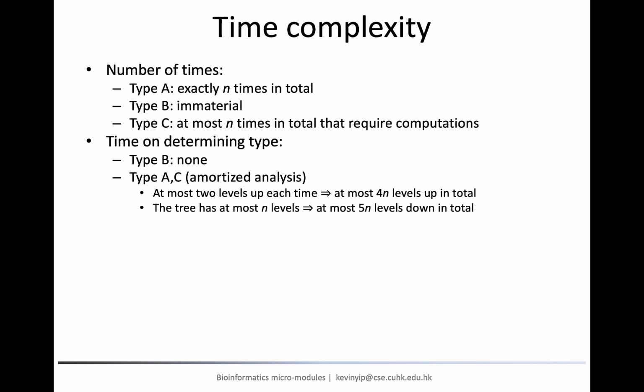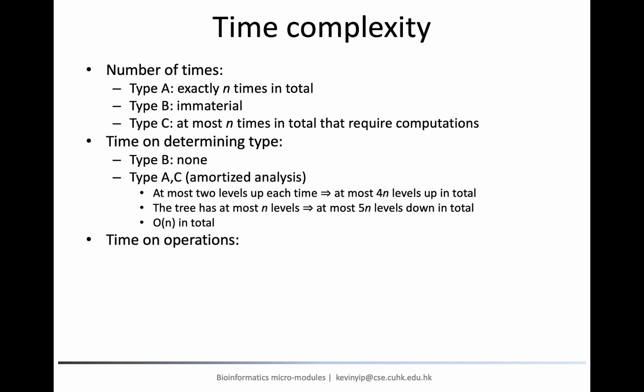Therefore, starting from the root node, which has a depth of 0, with a total reduction of the node depth by at most 4n, the total increment of the node depth during the downward traversals can be at most 5n. To conclude, the number of moves from a node to another throughout the whole process is order n, each requiring only a constant amount of computations.